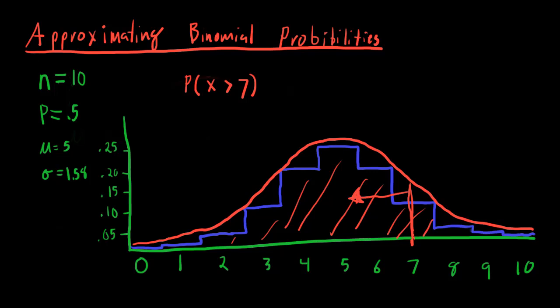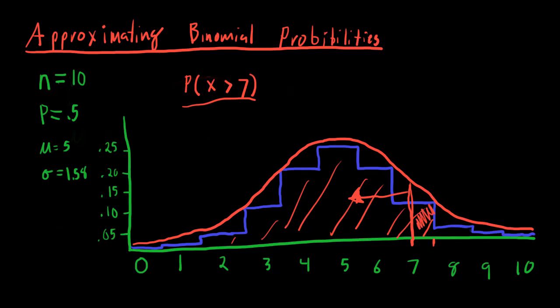We actually need to adjust our z-score that we're going to be using to find our standard normal distribution for our binomial distribution by 0.5. We need to jump it up to the 7.5 region up to here so that we get that full bar for all the 7s.